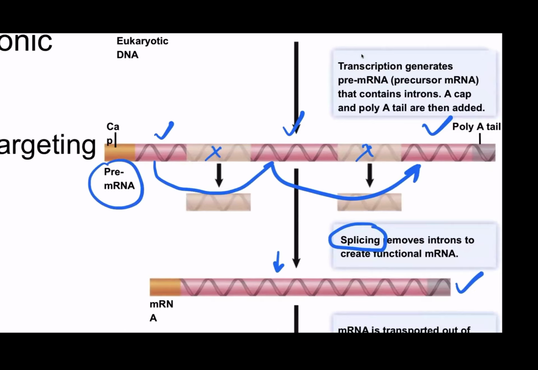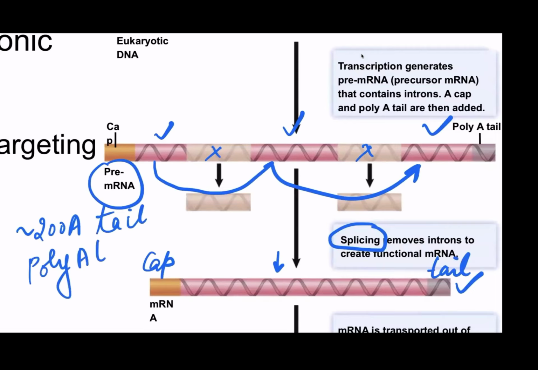And there is one more thing we have to do. We add a cap and a tail. The tail is made up of approximately 200 adenines. We call it the poly A tail, which is added at the 3' end of the mRNA. Now why is that?